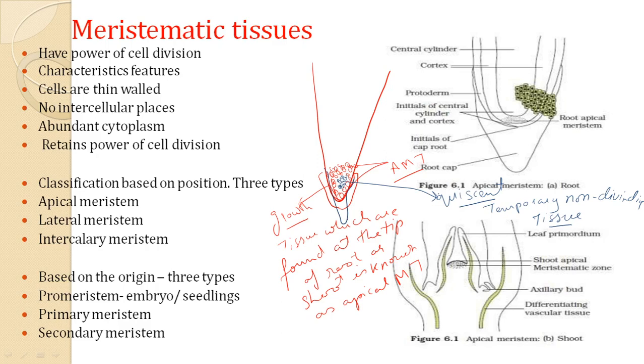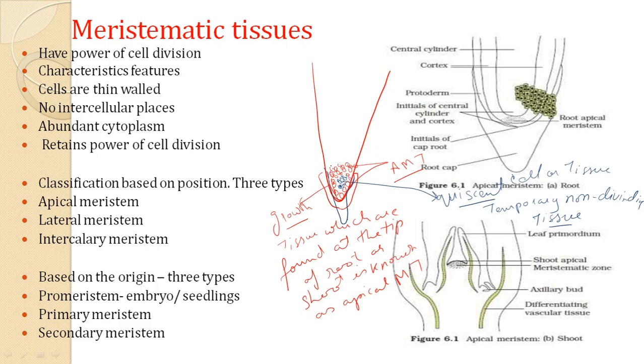Such tissue is called quiescent tissue or quiescent cells. They are always present in between the apical meristematic tissue, surrounded by the apical meristematic tissue. They are also meristematic tissues, but temporarily non-dividing. They divide when required, else they are always at rest.